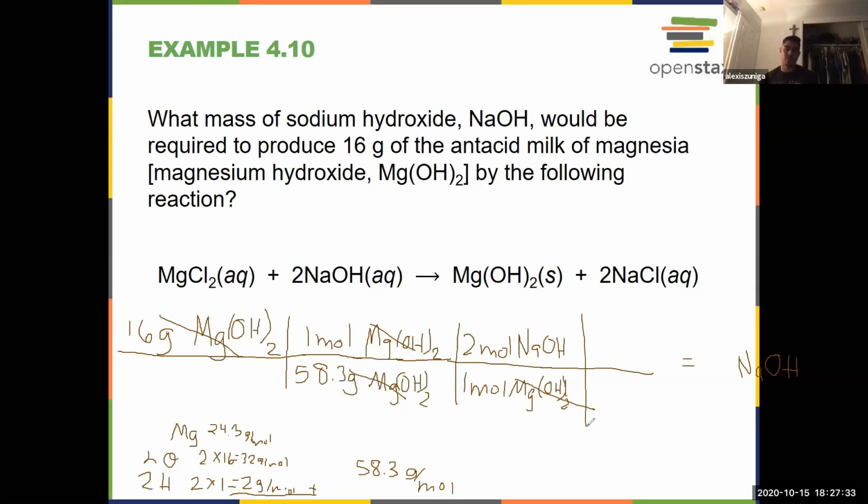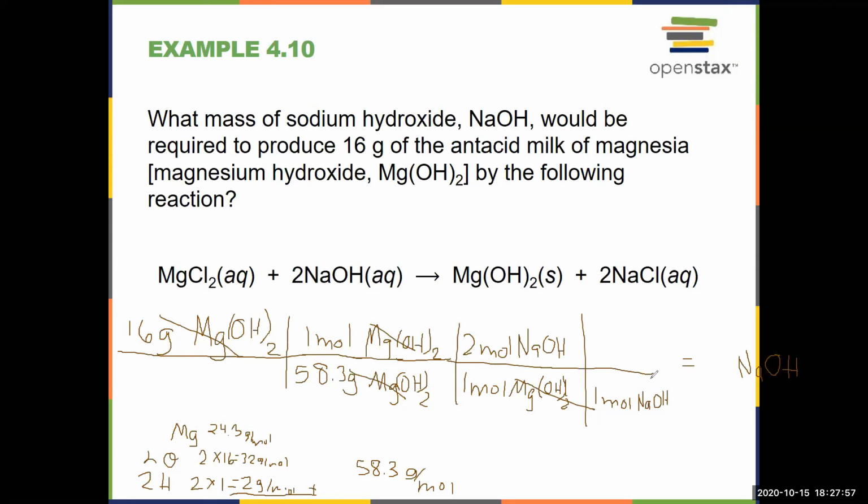We'll use 1 mole of sodium hydroxide to the mass of it. Where do I get that molar mass again?